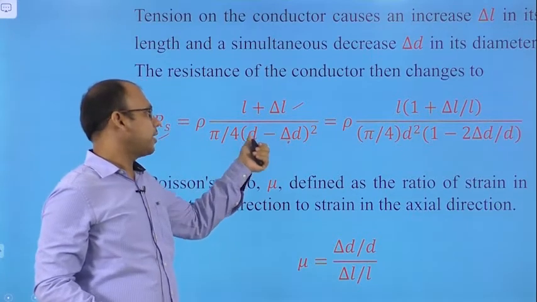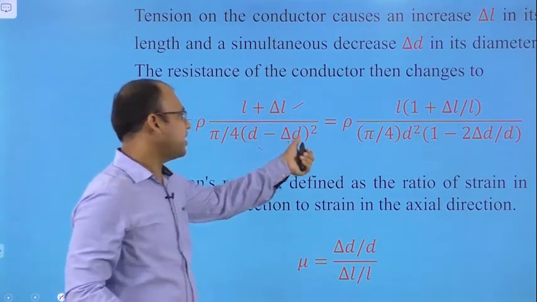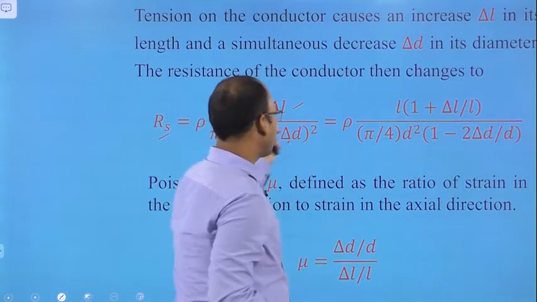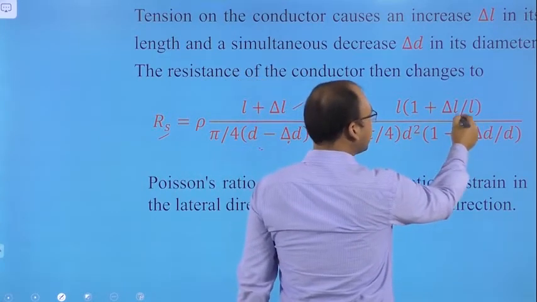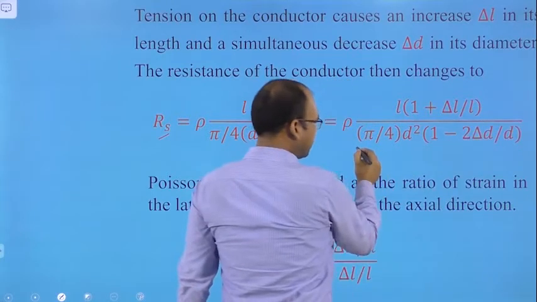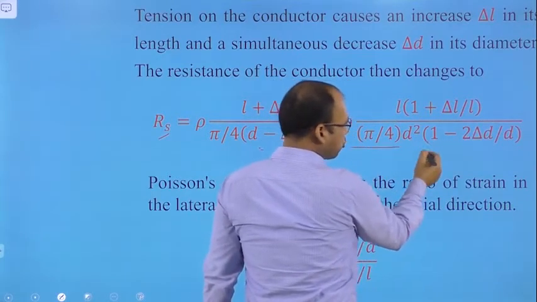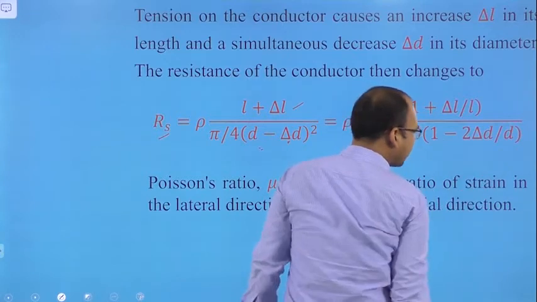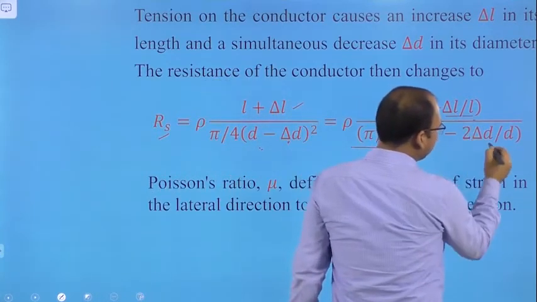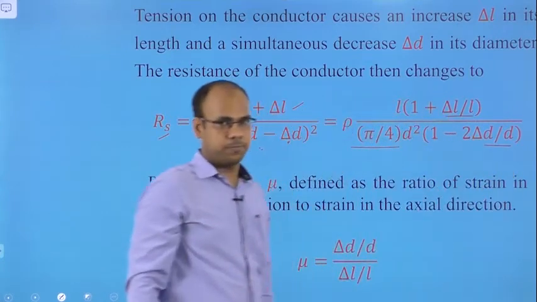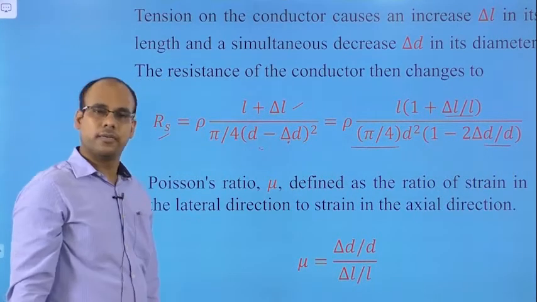So after solving this, it becomes rho L into 1 plus delta L by L, divided by pi by 4 d square into 1 minus 2 delta d by d. So we can calculate it in terms of change in length and change in diameter, right?